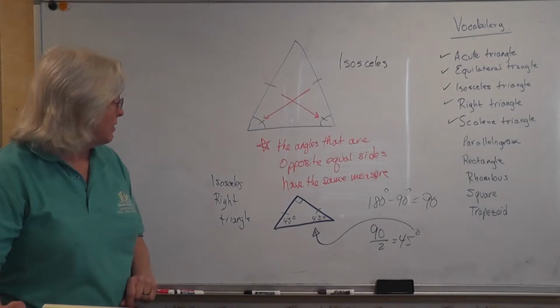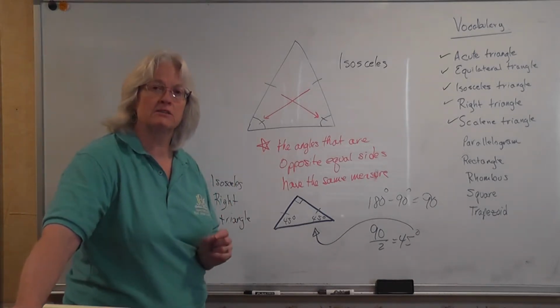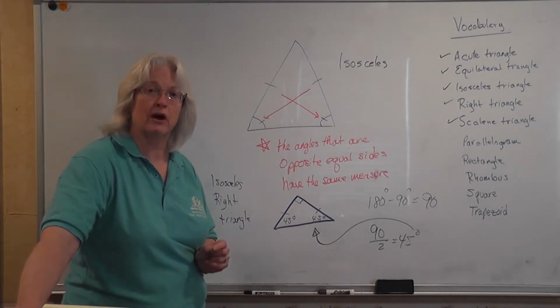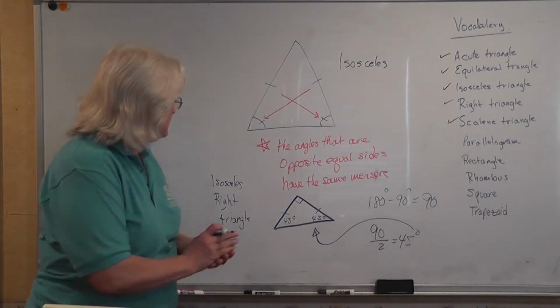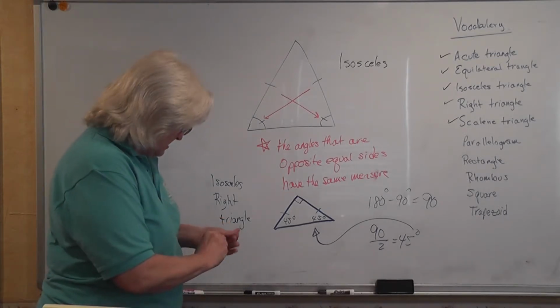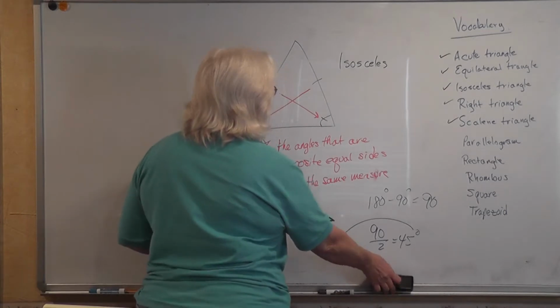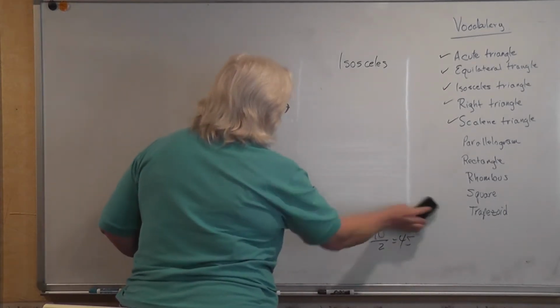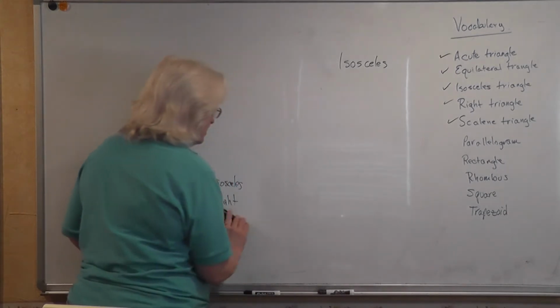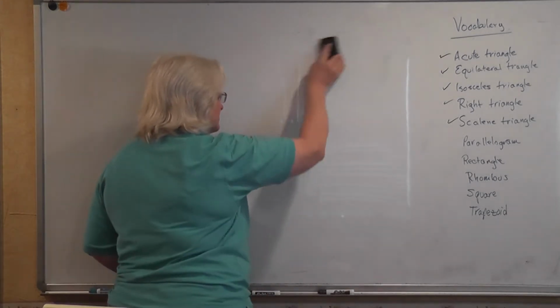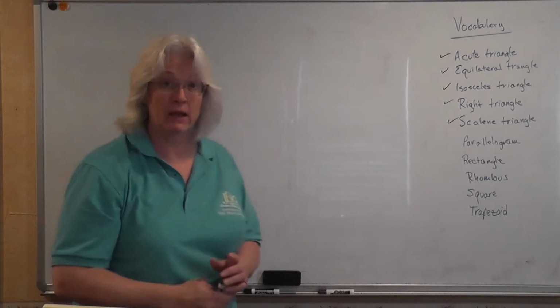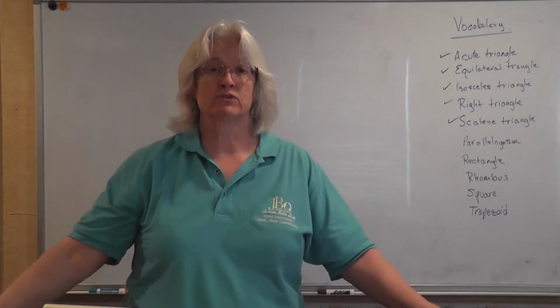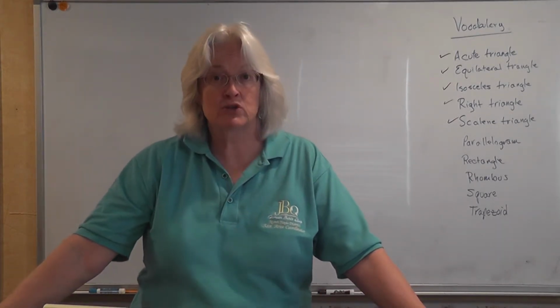And then you can also have an isosceles equilateral triangle. The isosceles equilateral triangle is one that has all three of the sides the same and the measures are the same. We already drew one of those, because the sides are the same, the angles are the same, and the measure of those angles is going to be 60 degrees each.